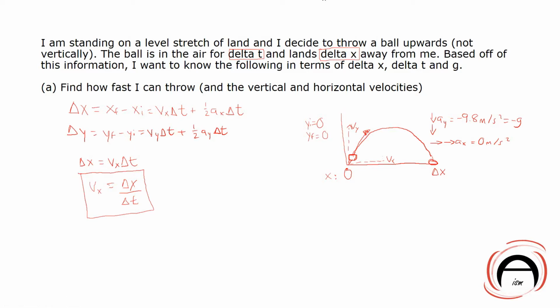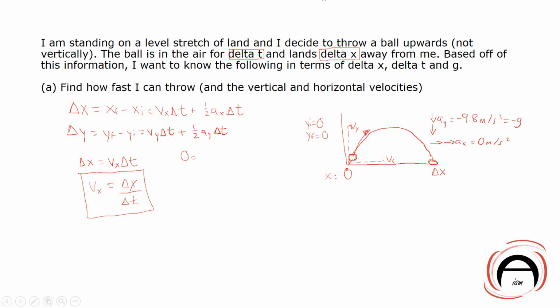So we know that our velocity in the y direction is some quantity or some combination of these variables that we were given. And we also know that our ay is going to be equal to negative g. So it's going to be a little bit more complicated than what we had before, but we'll see what happens.